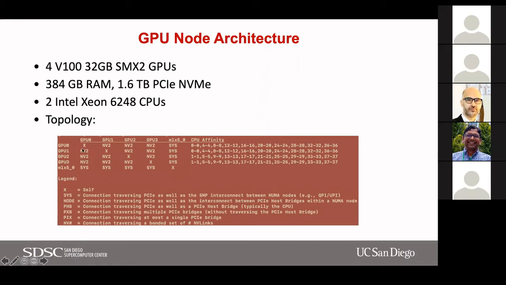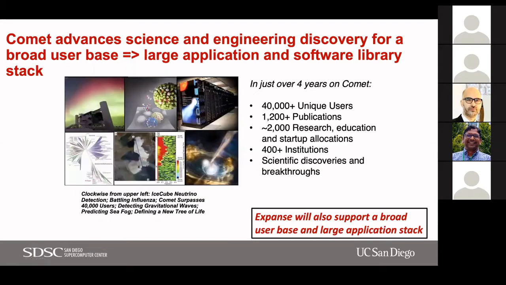You have NVLink between all the GPUs, and it's split between the two sockets, GPU 0 and 1 on one socket, and GPU 2 and 3 on the other. And this has the weird odd-even numbering that you see on Comet 2. So that kind of was the hardware.